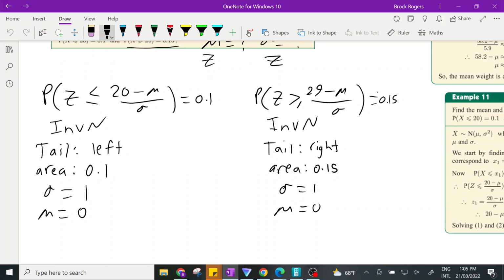So that tells us the Z-score is equal to negative 1.28 equals 20. And the next one on the right, 0.15. That comes out to 1.036.